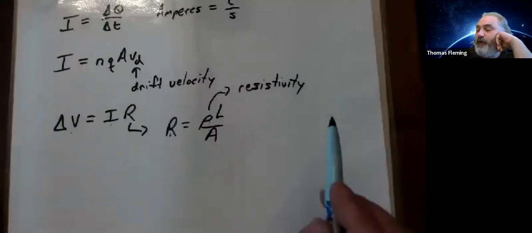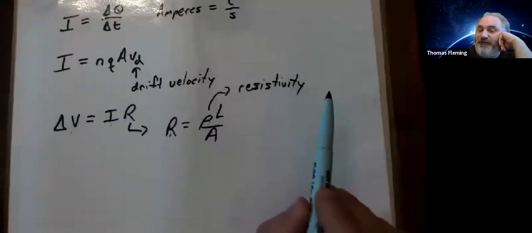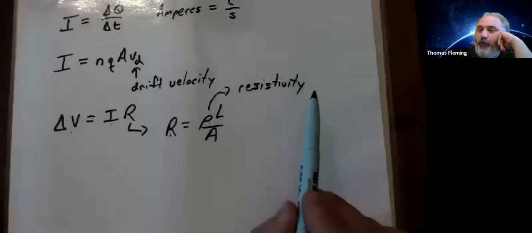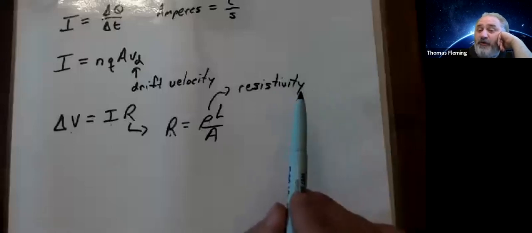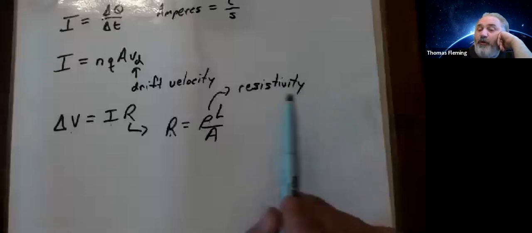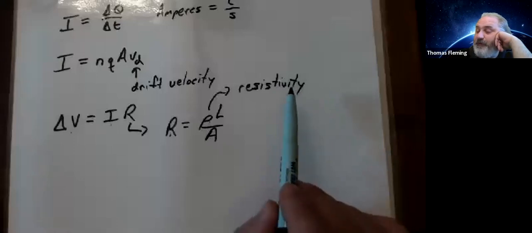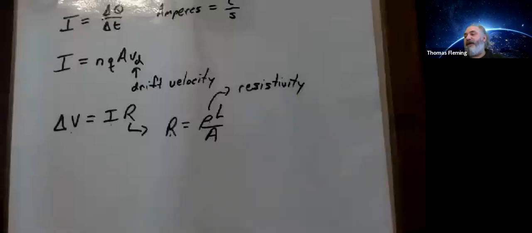And so some materials are going to have a low resistivity. Those are going to be things that are good electrical conductors and can pass current through them quickly and easily. Whereas other things will have a comparatively high resistivity. Those are going to be things like electrical insulators, where it takes a whole lot of voltage to push much current through them at all.